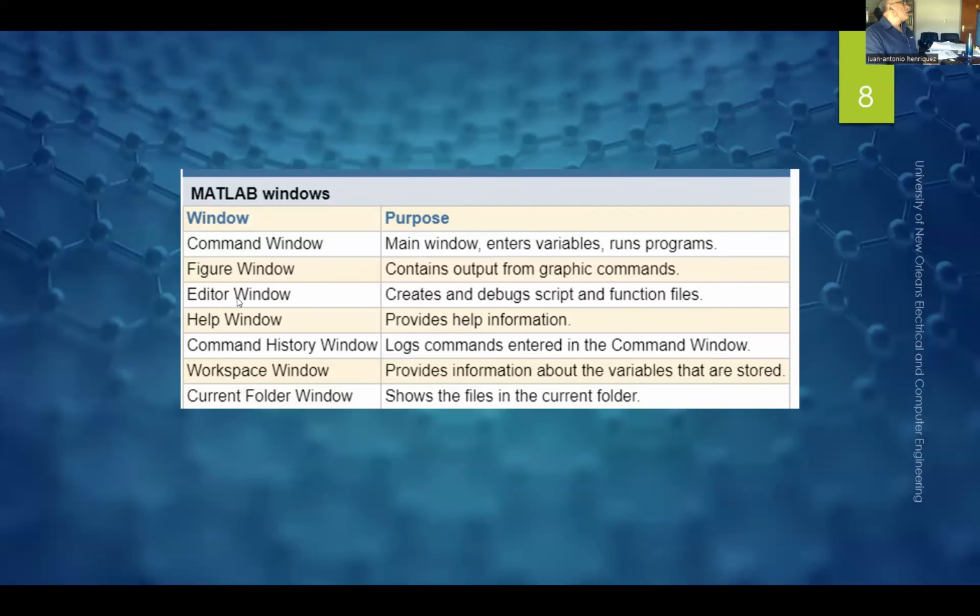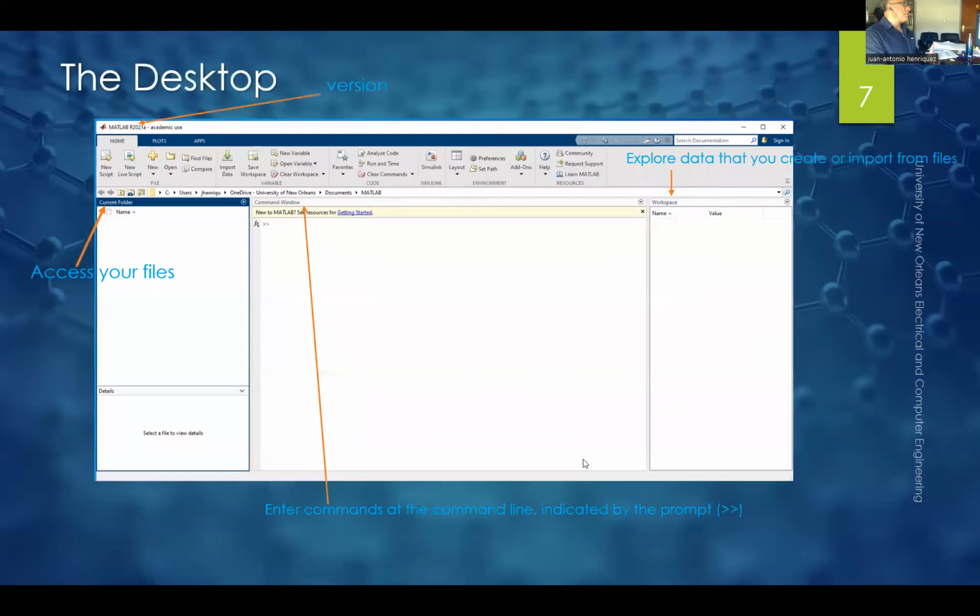And so you can get into the script section, like I said, by just clicking on those icons. There's also a help window, which you can click at any time to give you any assistance. And then you can have the command history window, the workspace window, and the current folder, which is this one right here, okay?